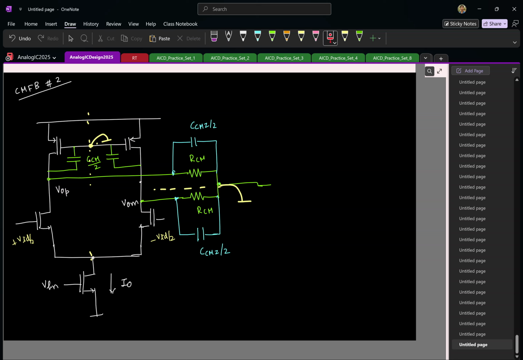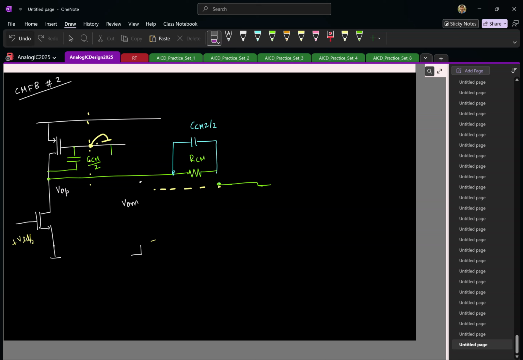So of course now even the common source terminal is also going to be small signal ground. So which means if I simplify this, I'll just have this half, I don't have to worry. I'll take only one half.